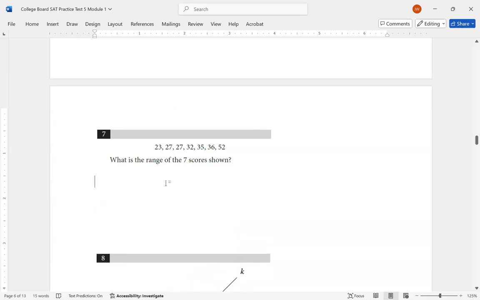Number 7 gives us a list of 7 numbers and then asks for the range of those 7 numbers. So what is the range? Well, the range, we should know, is the difference between the maximum value in the set and the minimum value in the set.